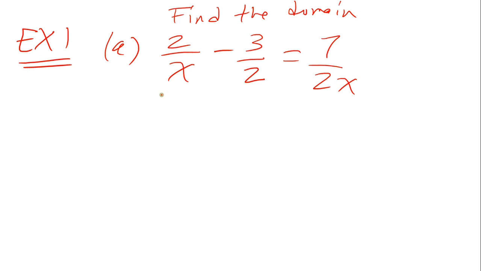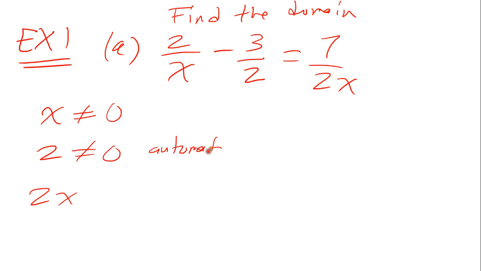All right, so if I look at my denominators, they are x, 2, and 2x. So x is not equal to 0. The 2 is not equal to 0, which is automatic, so that poses no problem.